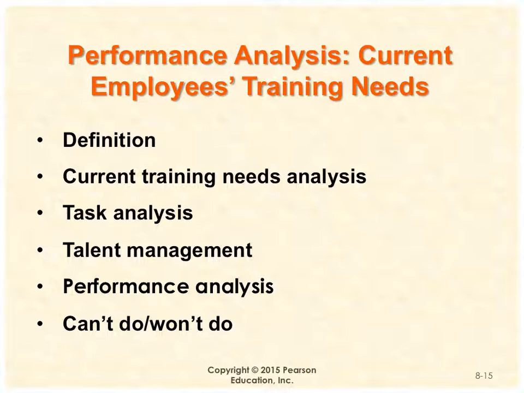And also, moving down to the can't do, won't do. There are certain things that we have to look at within our company. Say we have an employee that is not meeting the performance standards that we set forth. Why are they not meeting this?